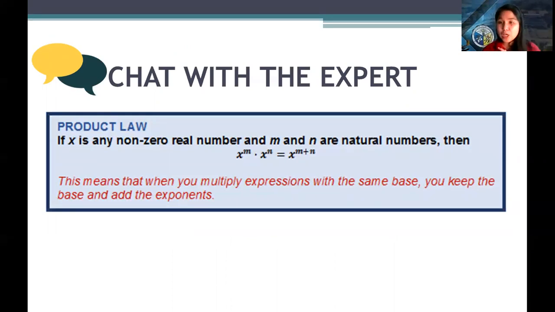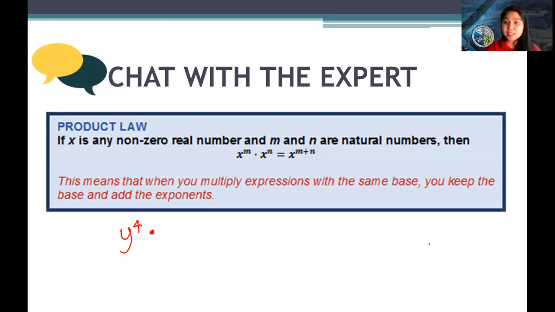The product law tells us that if 2 real numbers of the same base are multiplied, then you will just add the exponents. For example, if we have y to the 4th multiplied, this is not a point, okay?